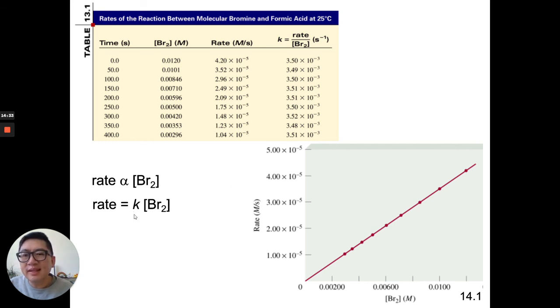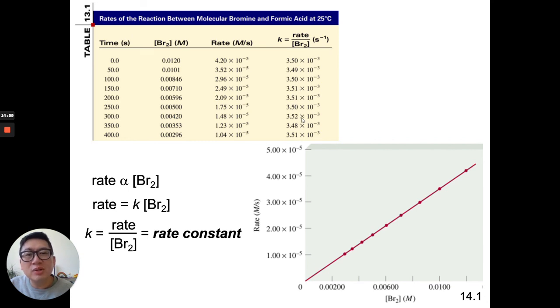What is then k, that constant? Well, k is equal to rate divided by bromine. What if I took the rate divided by bromine? This 4.2 times 10 to the minus 5 divided by 0.012, or any of the numbers, the rate divided by the bromine concentration. That's this column right there. What do you notice about that? Notice those numbers for k are about 3.5-ish times 10 to the minus 3.